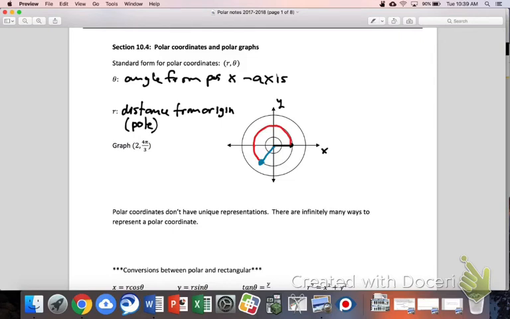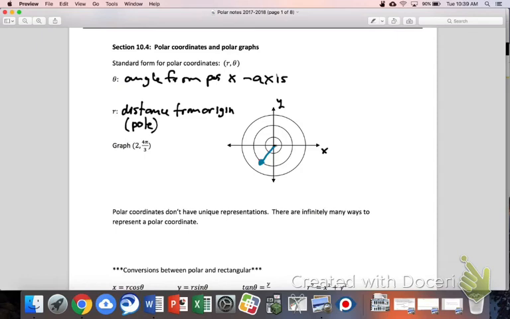I turned to the appropriate angle and then I moved forward 2. Like I said, there's other ways this could happen. Let me give you one more example of a polar coordinate that could show up. So there's that one right there. I'll leave that in blue. That's 2 comma 4 pi over 3.